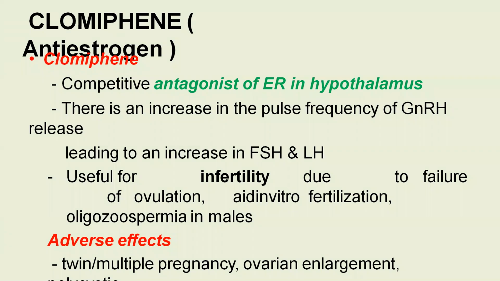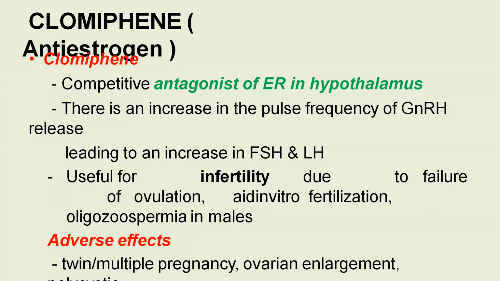Because it is blocking the estrogen receptor in the hypothalamus, the estrogen cannot act on the receptor. In other words, it cannot exert a negative feedback mechanism. So there is an increase in the pulse frequency of GnRH, which leads to an increase in FSH and LH. So FSH causes development of the follicles. So this leads to an increase in ovulation.